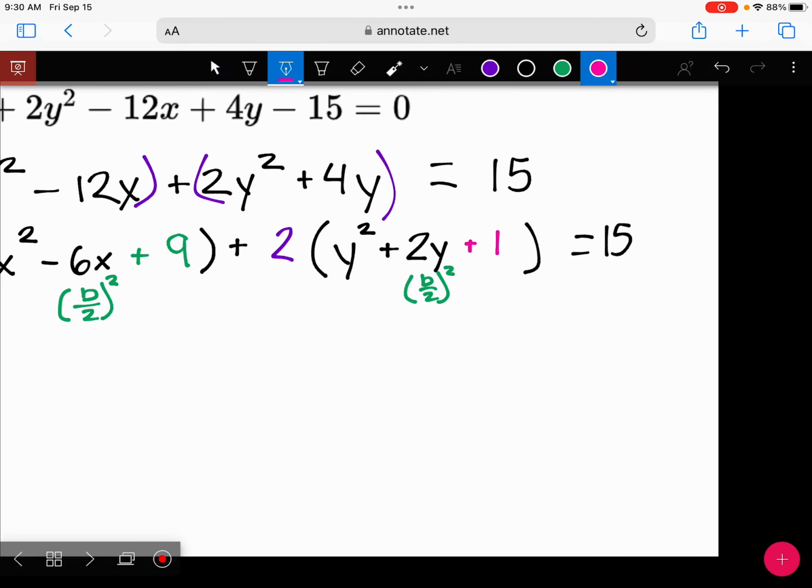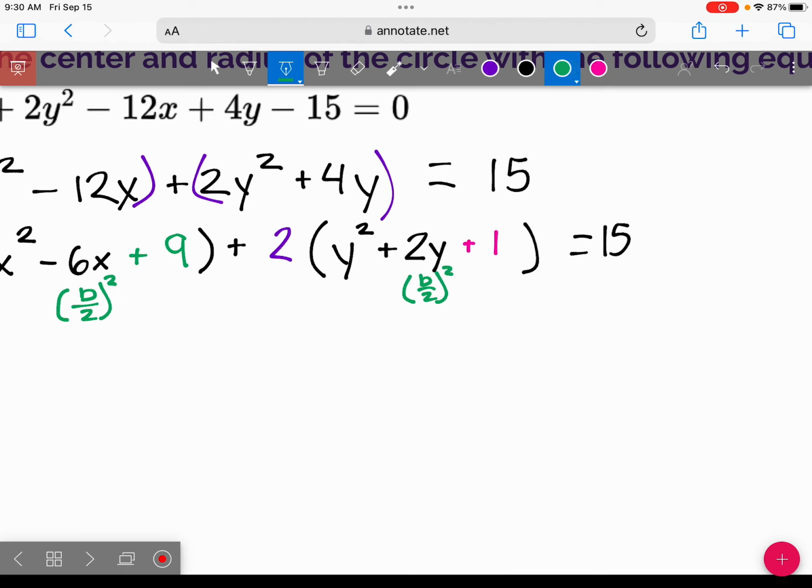So what we add to the other side, we add our 2 times 9 and the 2 times 1.